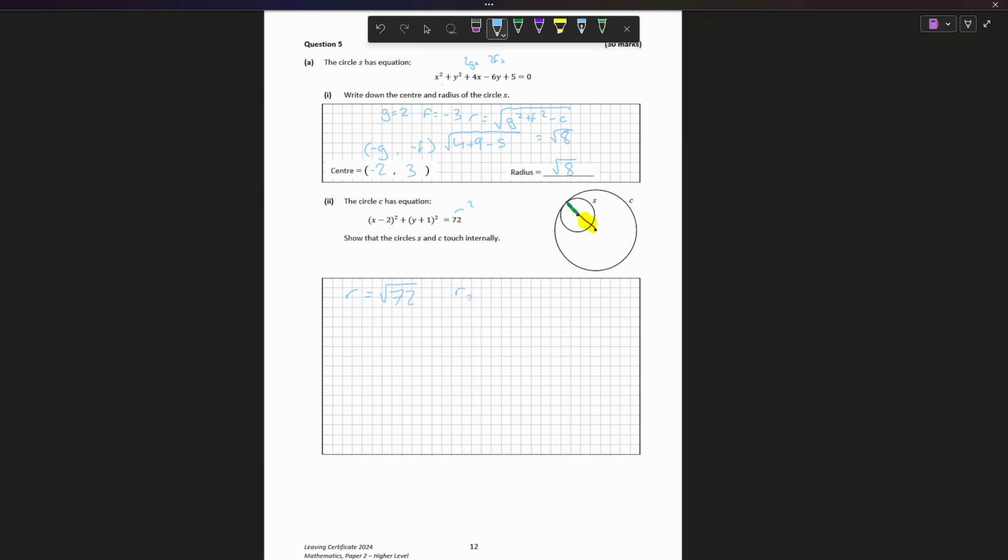Now I'm saying r2 minus r1, but it just means the bigger radius minus the smaller radius. It's nothing crazy. So if I do the square root of 72 on the calculator, and then minus the square root of 8, we get 4 root 2. So that's what the distance should be.